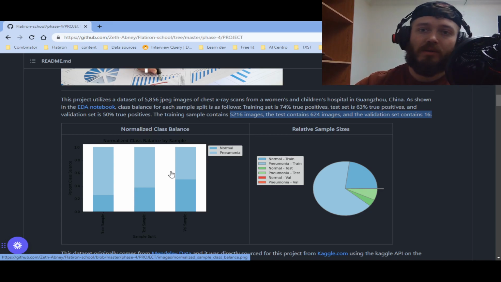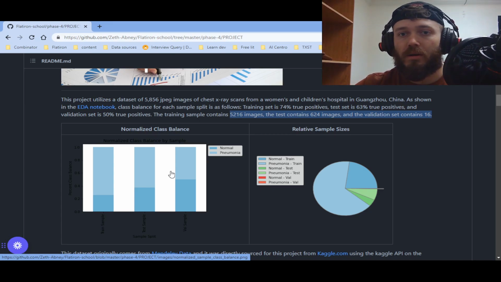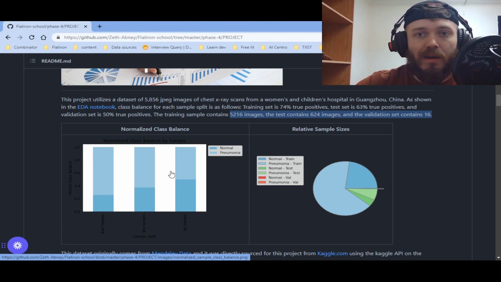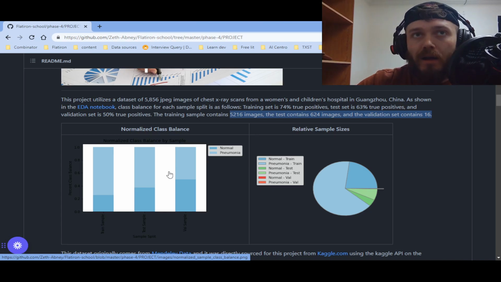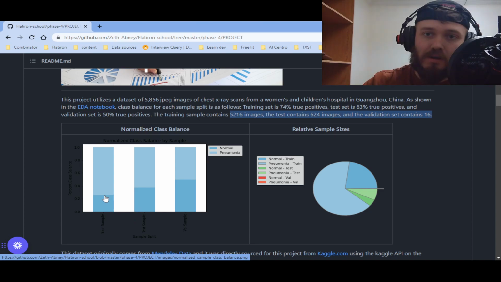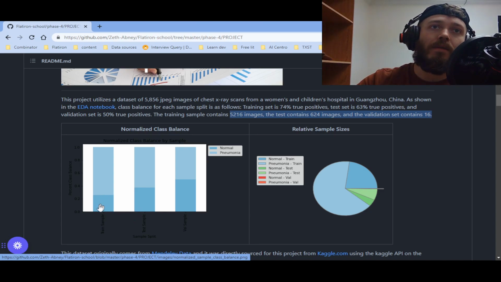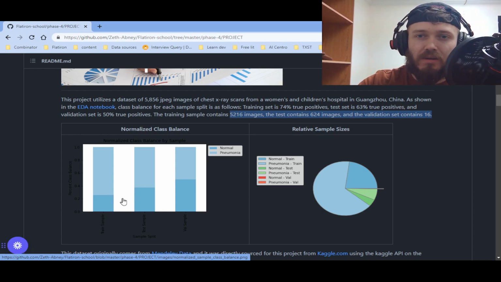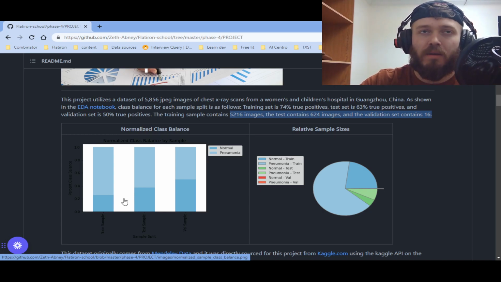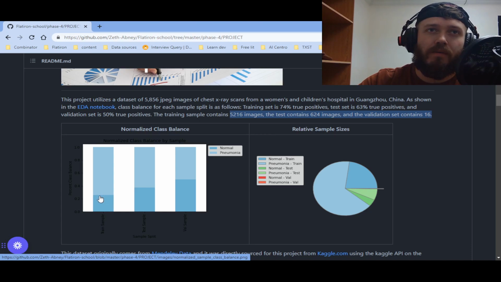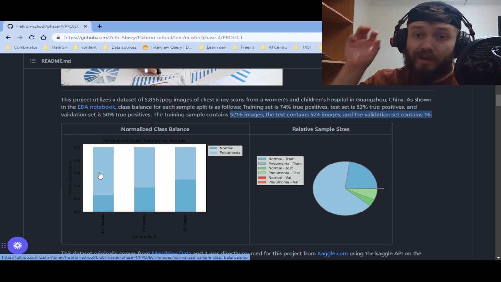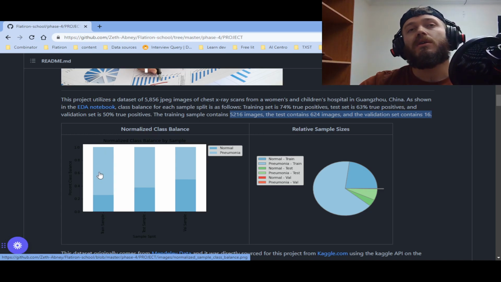I was asked a couple of times if I did any resampling, and I didn't, because based on what I just explained, this class balance makes a lot of sense given the data source, where it came from, who it's of. This is probably pretty representative of true life in that specific context.